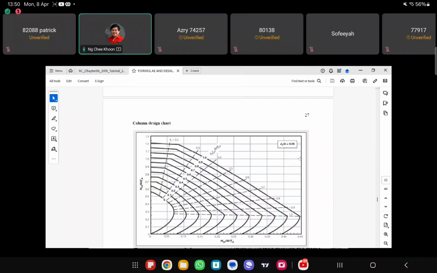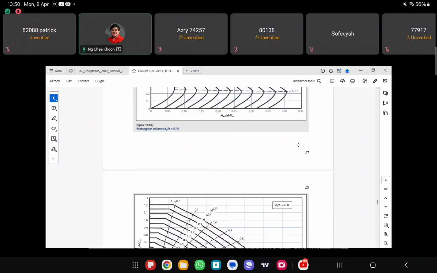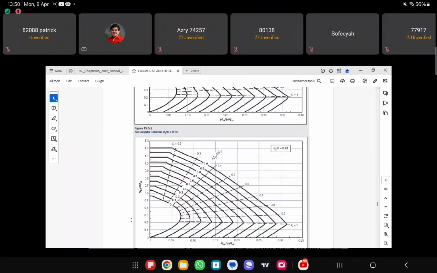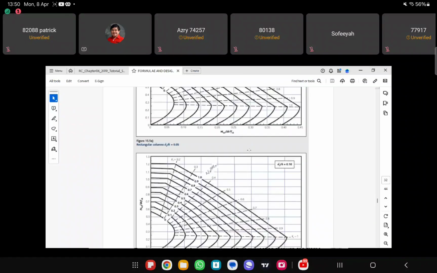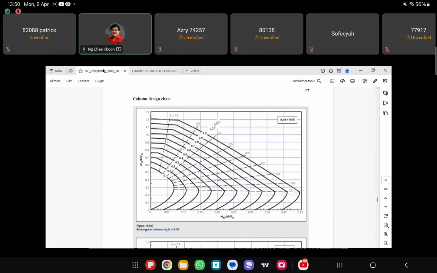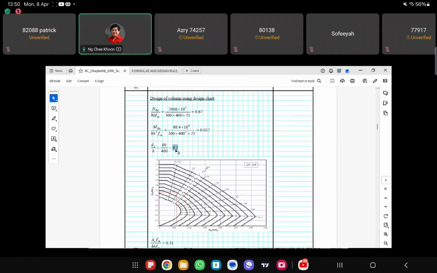Then if I have 0.2, then I have to refer to the D2 over H diagram of 0.2. So don't use the wrong charts. You always need to calculate the D2 over H value, right?